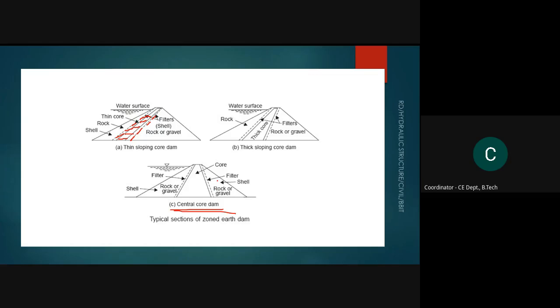So the difference between these three diagrams is only the variation of the core, or the central part. This dam has the thin core, this has a thick core but in an inclined alignment, and this has a much thicker core situated in the central position of the dam. So this is the typical section of a zoned earth dam.